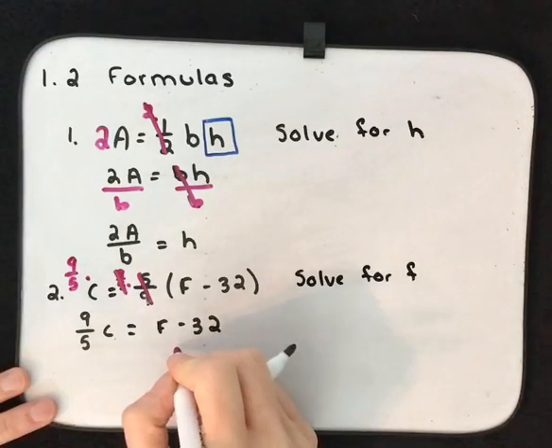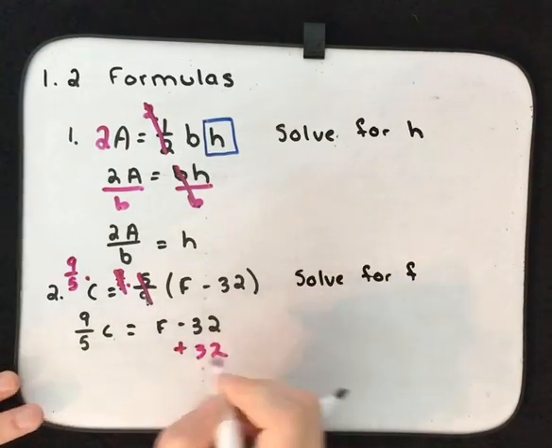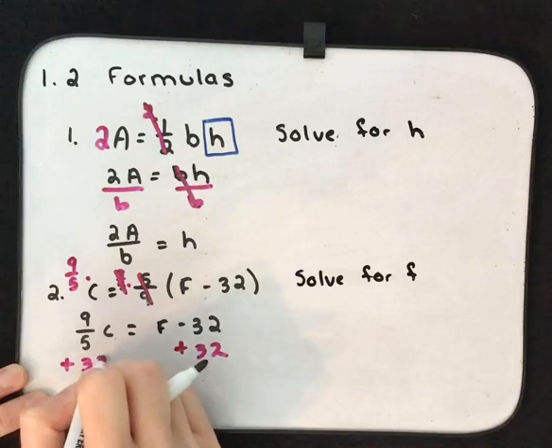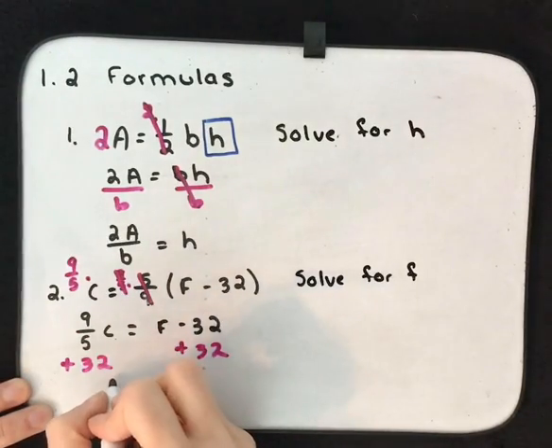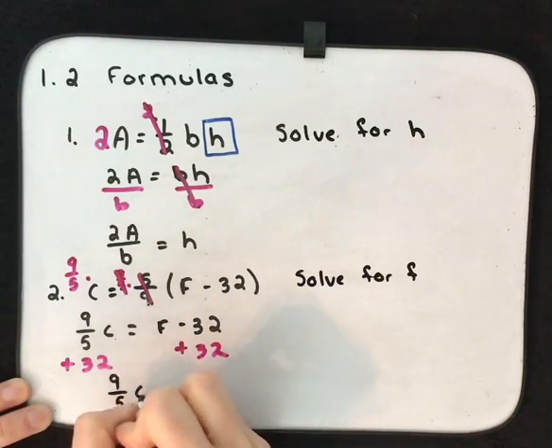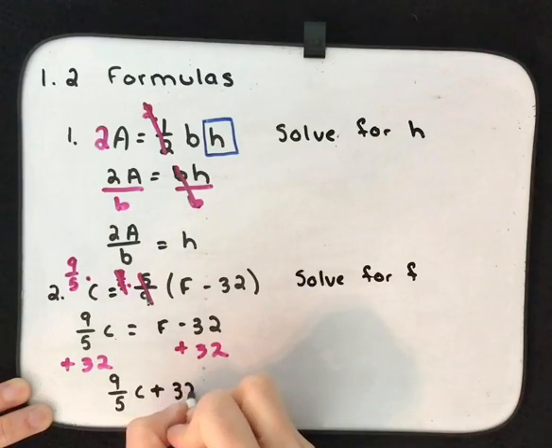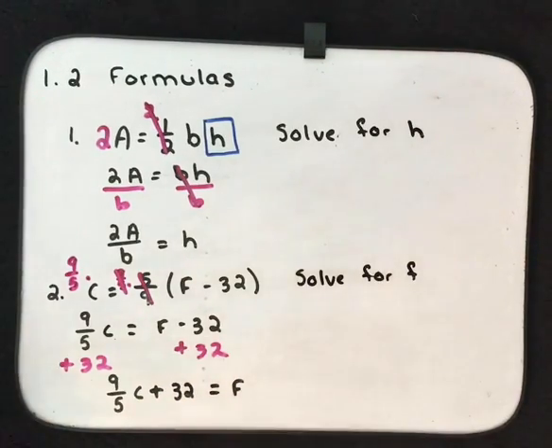To undo our subtraction, we can use addition. Whatever we do to one side, we have to do to the other. So now we have 9 over 5 C plus 32 equaling F. And now we have solved our equation for F, just like it asked us to in the original.